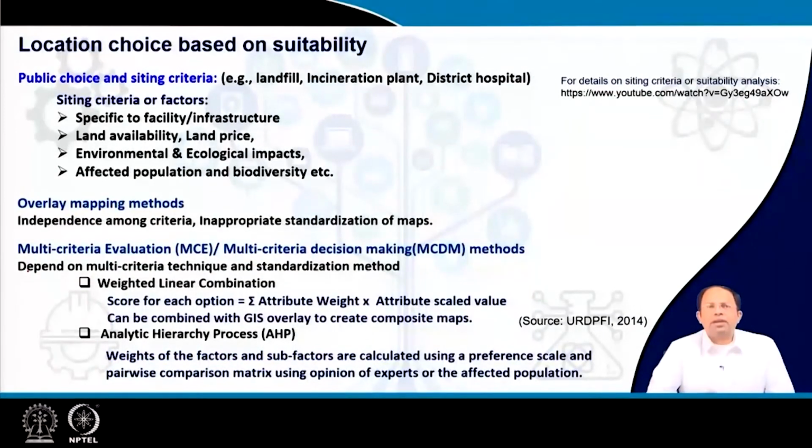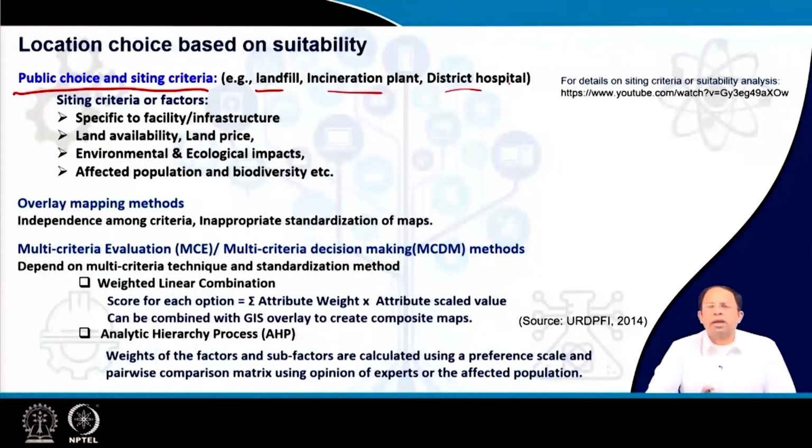Now, there is another way to make choices, as we are talking about different ways: rules that go beyond utility measures and all. For example, public choice and siting criteria, of course. Now, public choice means, like, if I want to set up a landfill, an incineration plant, or a district hospital, these decisions are taken by decision makers.